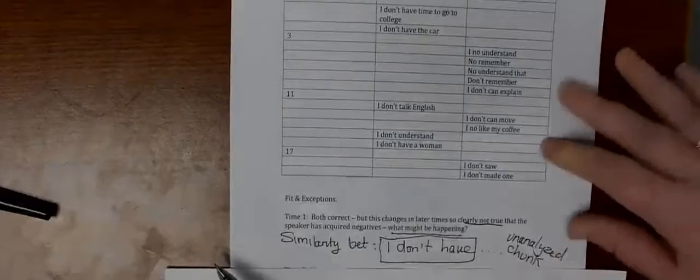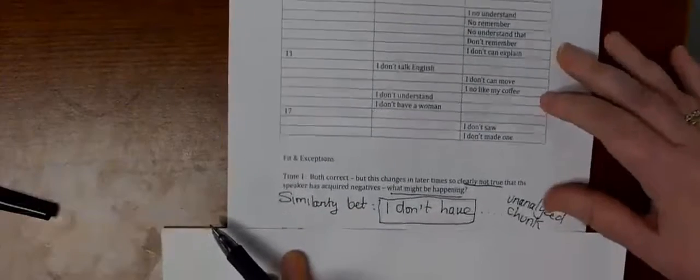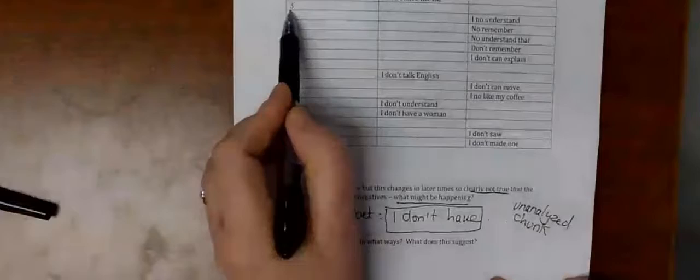Because if we look at the next time, which is week 3, so time 2, which is actually week 3, we have 1, 2, 3, 4, 5 that are all incorrect.